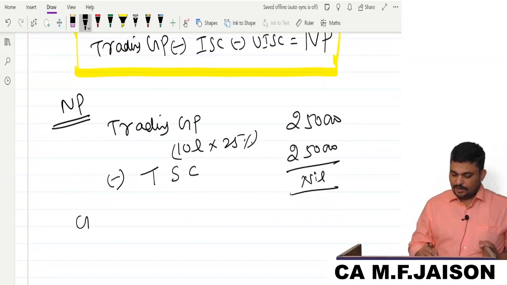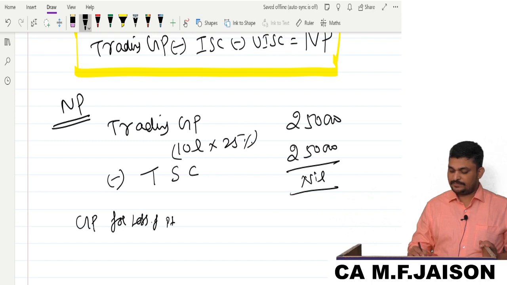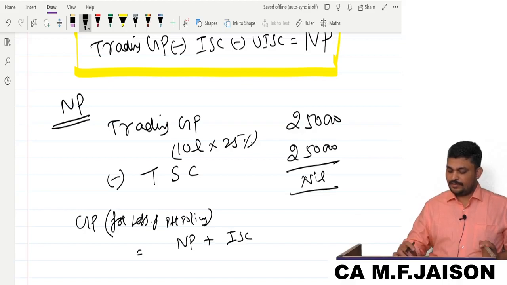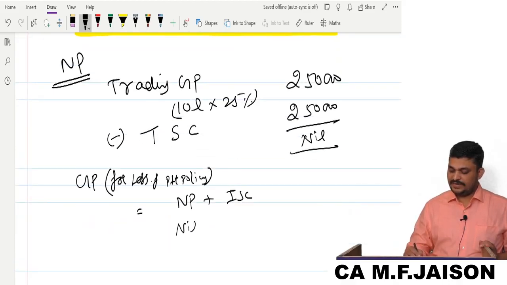Now gross profit for loss of profit policy is equal to net profit plus insured standing charges. So what is net profit? Nil.